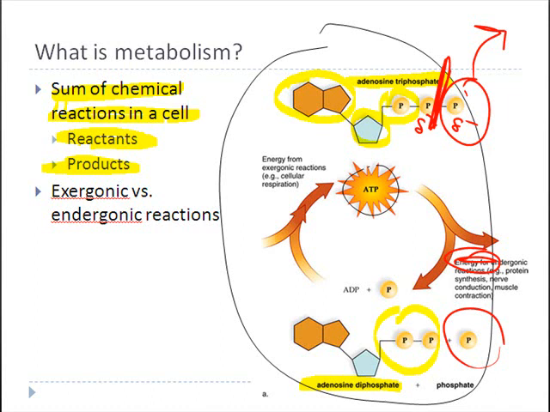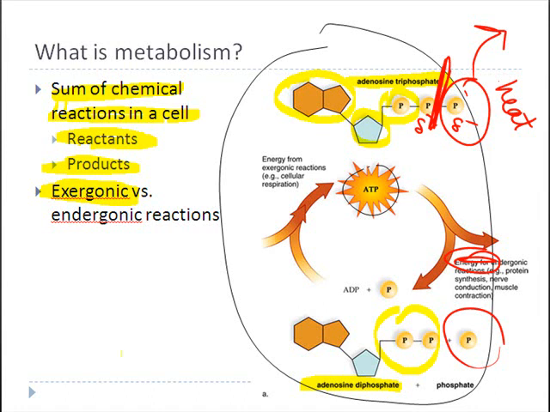Because energy is released, in this case in the form of heat and in the ability to perform work, we would call this type of reaction an exergonic reaction. Exergonic reactions are reactions which give off heat or energy. In other words, one of the products of an exergonic reaction is heat or energy.